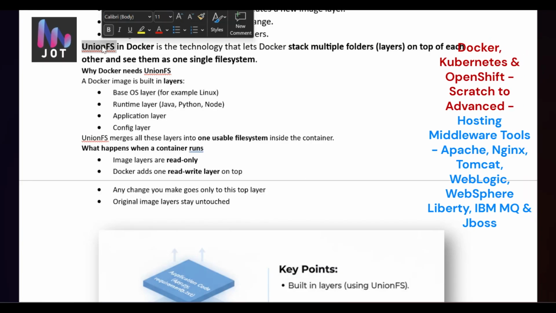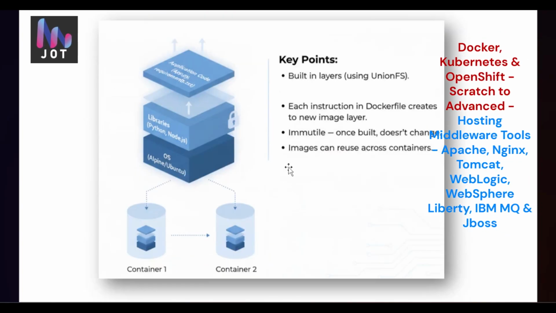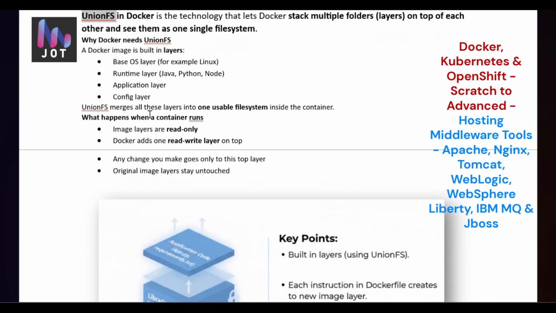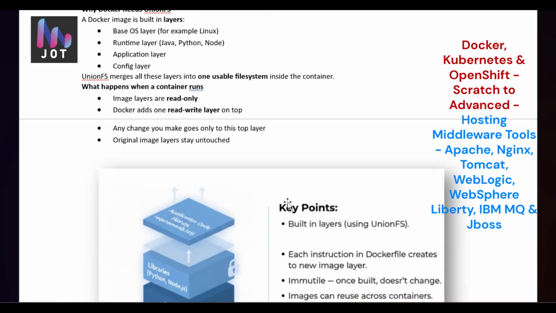So Union FS in Docker plays a main and crucial role. All these layers are read-only, and they behave as a single file system.